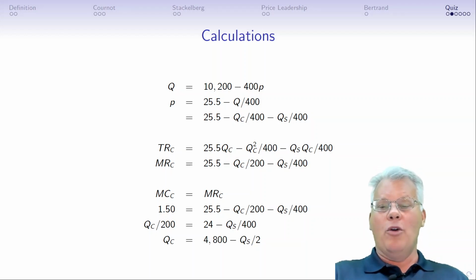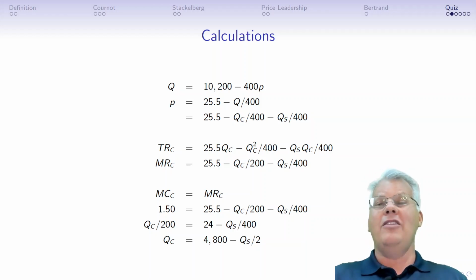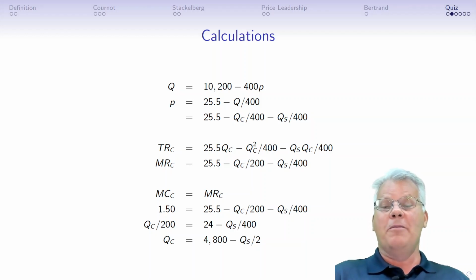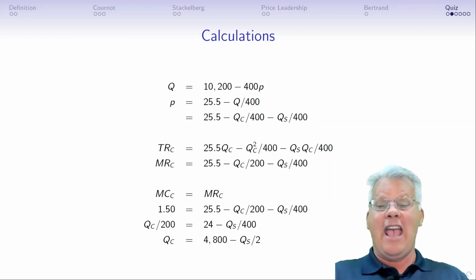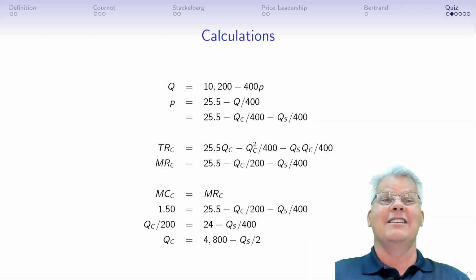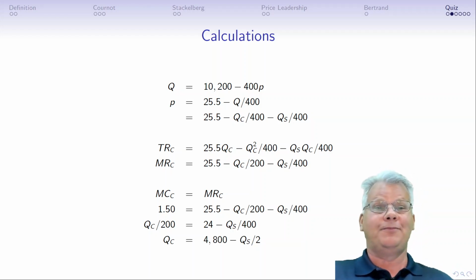So Carl's output on the bottom line there is Carl's reaction function. It shows the quantity of pumpkins that Carl raises as a reaction to what he thinks Simon is going to do.